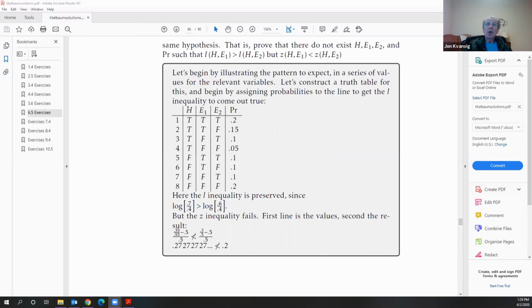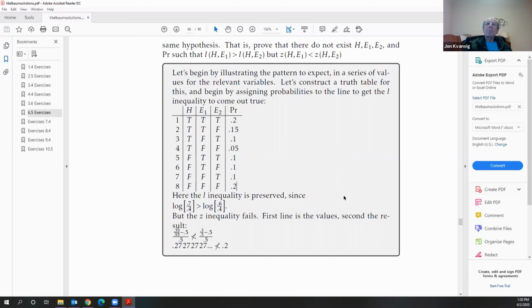So the table we want is 1 for H, E1, and E2. So there's going to be 8 lines. And then you just pick some numbers for the probability for each of the state descriptions.